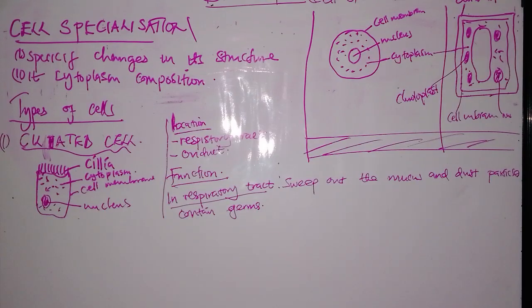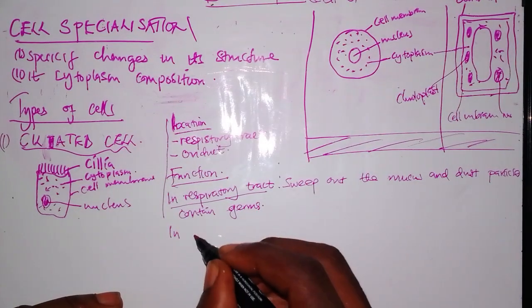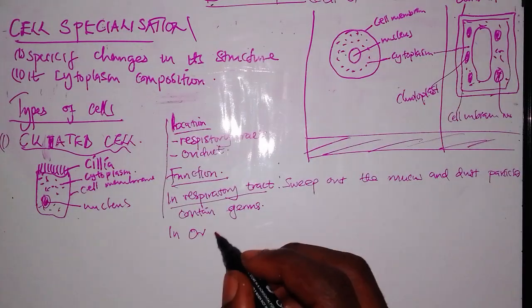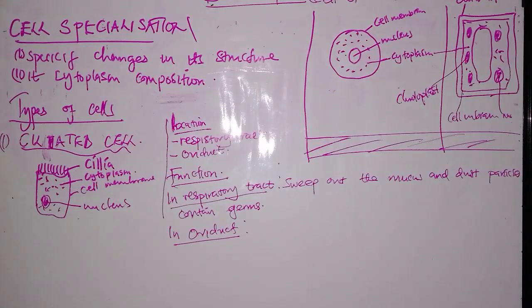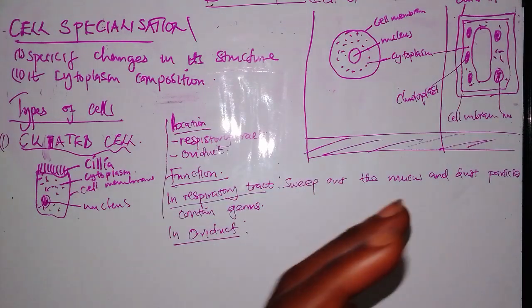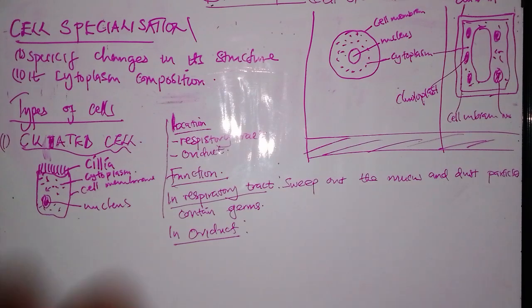Then the second function in the oviduct. So what does the ciliated cell do in the oviduct? When you're talking about the ciliated cell in the oviduct, its function is to move the ovum towards the uterus.